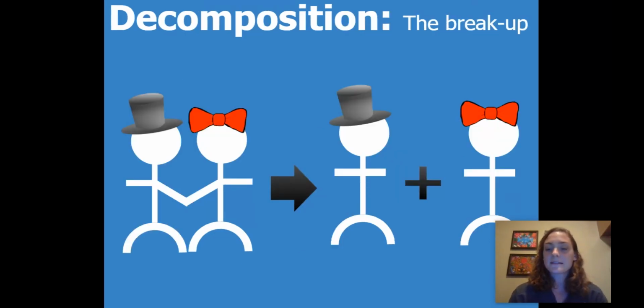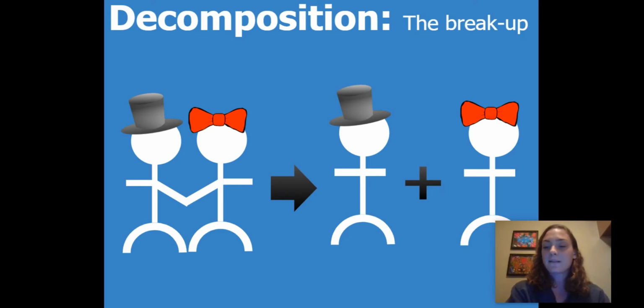All right, the second type of reaction we're going to talk about is decomposition. So one way that I remember this is that when something decomposes, it breaks down. So that's another way to remember this, but this is like a breakup. So you've got your couple, Mr. Top Hat and Little Red Bow. They're together.